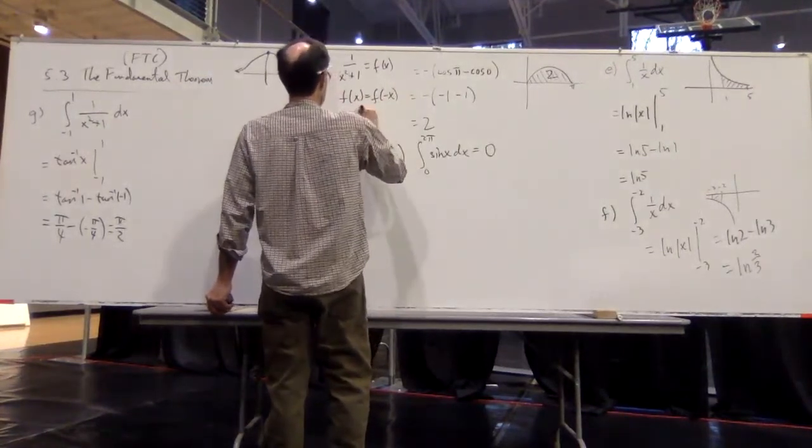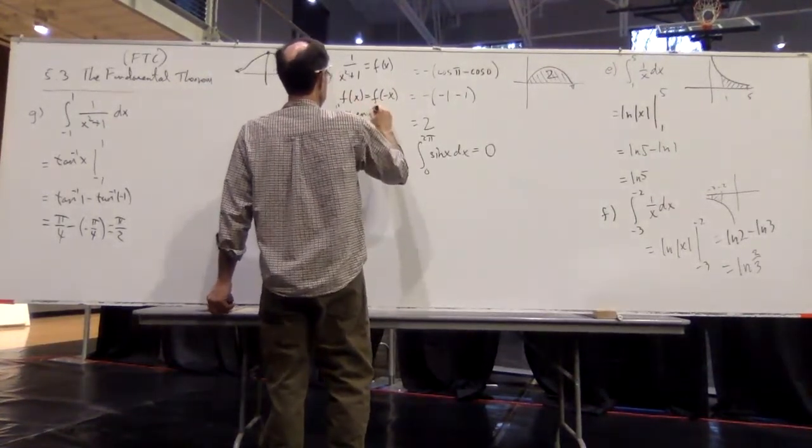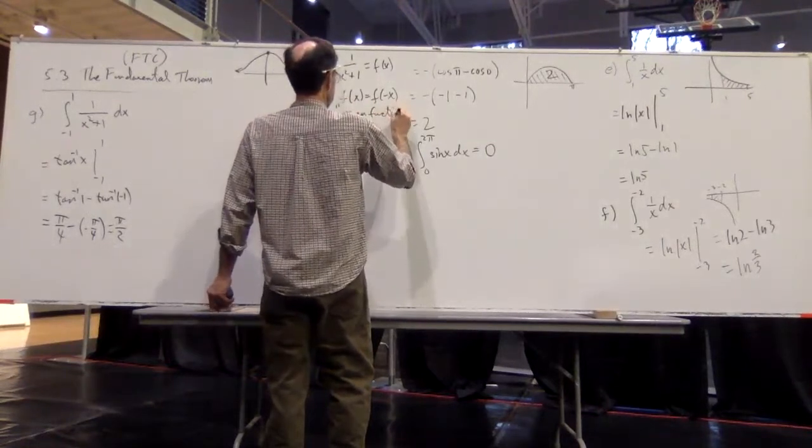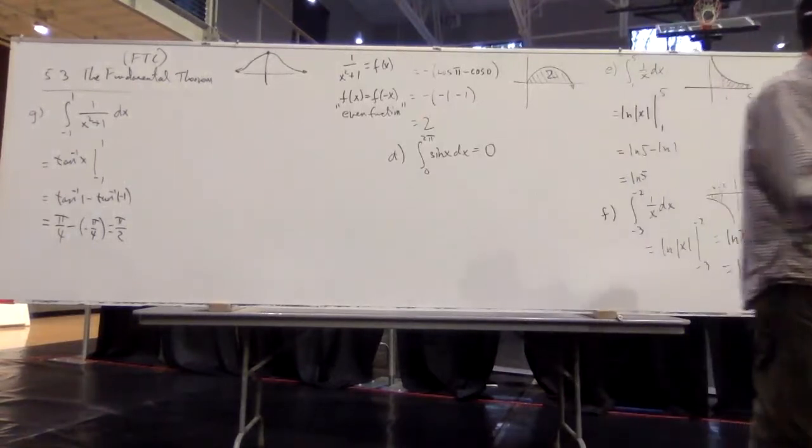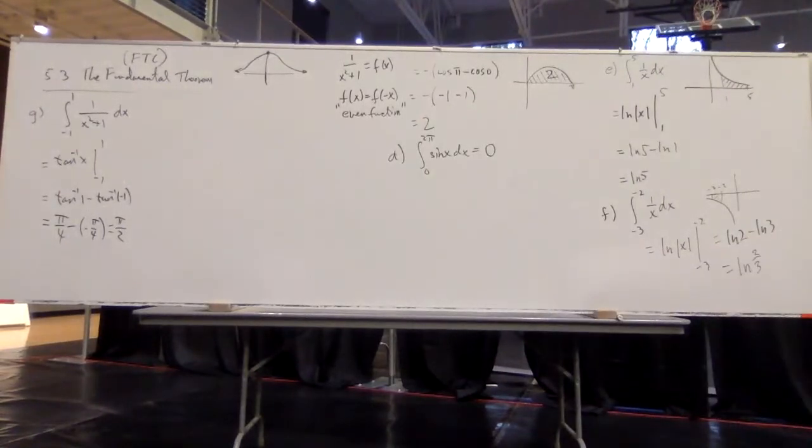A function with that property is called an even function. Maybe because for polynomial type functions to have it, all of the powers have to be even numbers. For us, it means take 5, take -5, the values are the same. So the graph is symmetric across the y-axis.